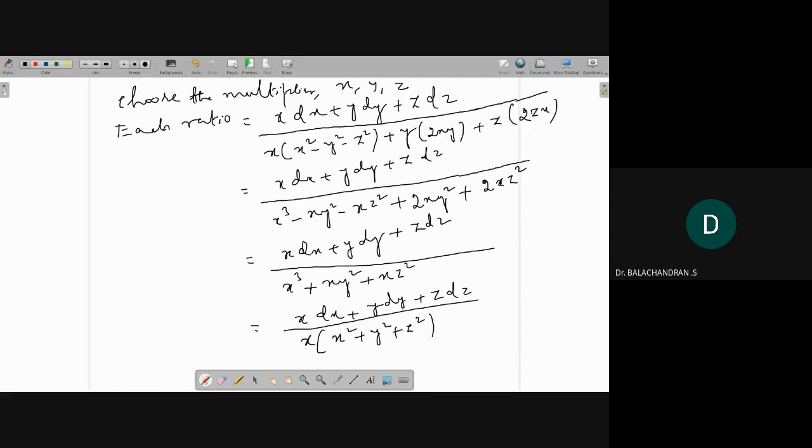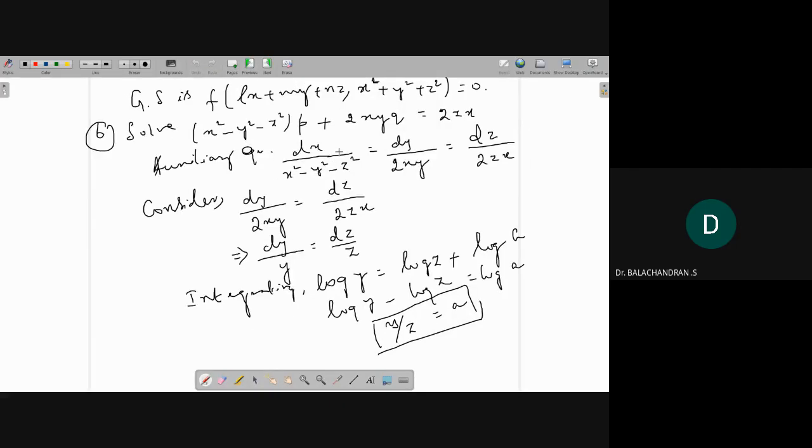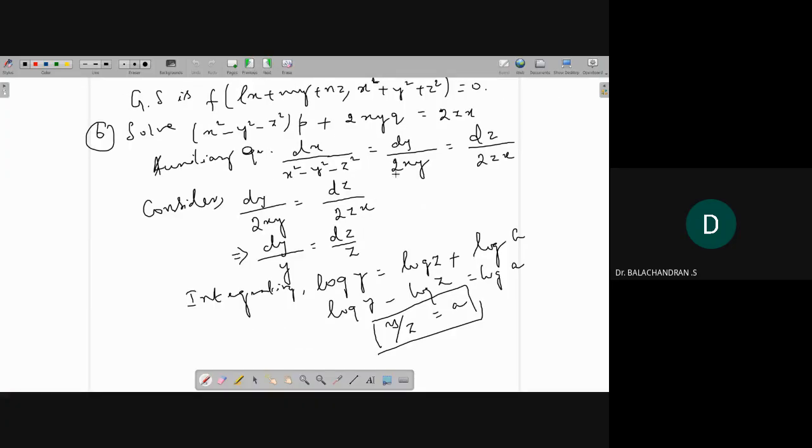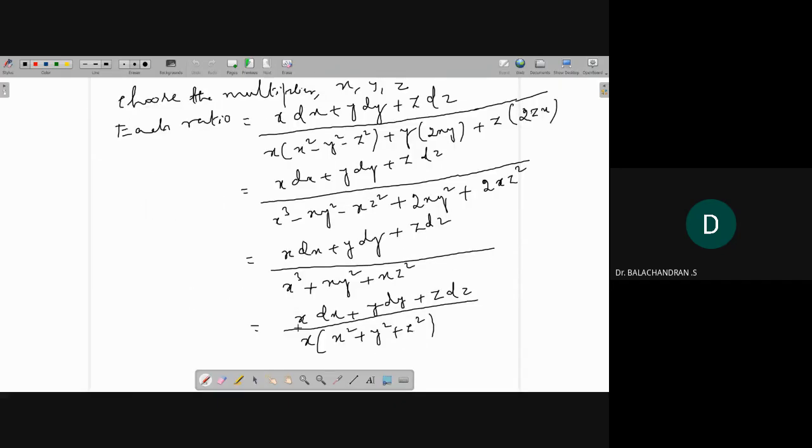So I'm going to choose dy by the second ratio, dy by 2xy, and the fourth ratio. You can also choose dz by 2zx.